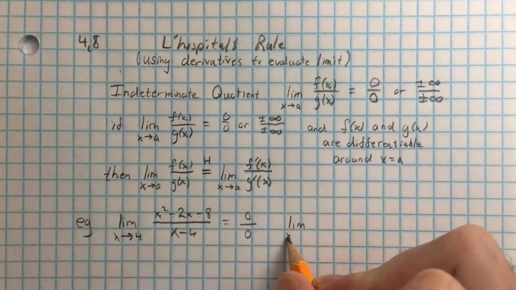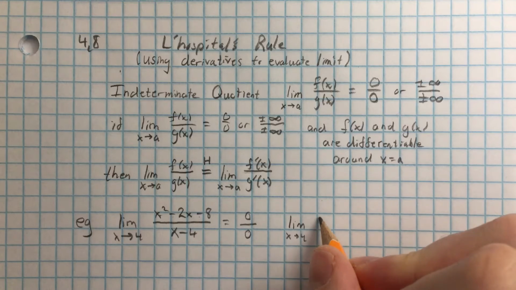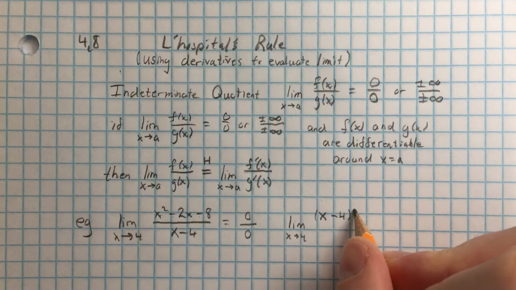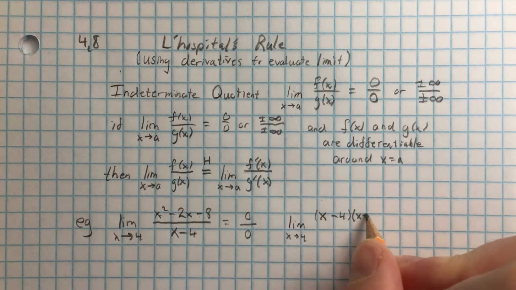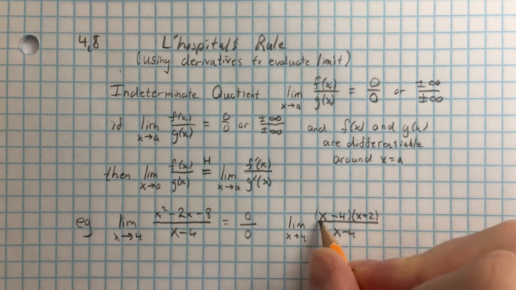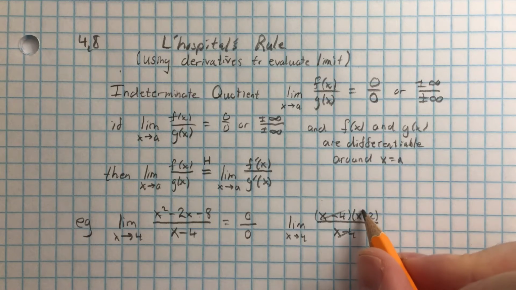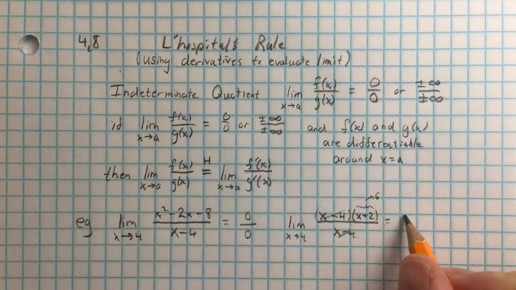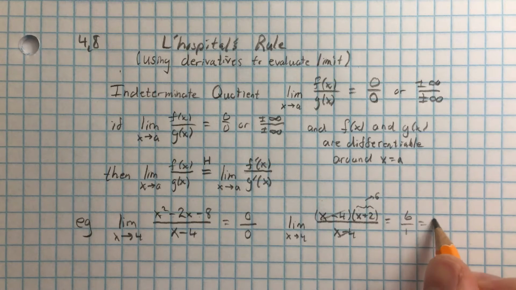We could try to take the factored form of the numerator and see where it coincides with the bottom. So here's a common factor of x minus 4. Cancel that. And now as x approaches 4, this will approach 6. And so we get 6 over 1, which is 6.